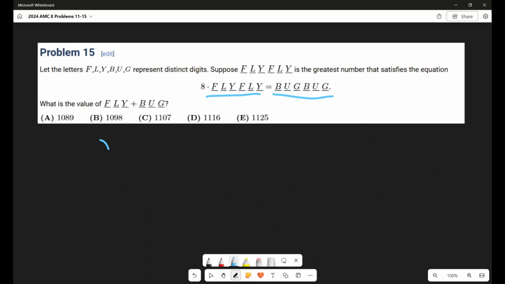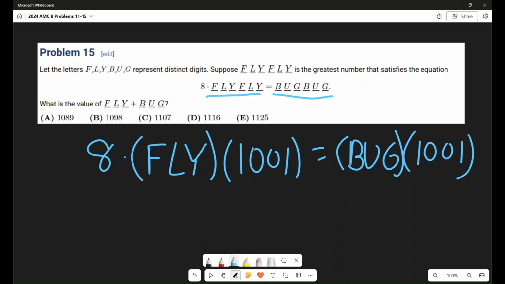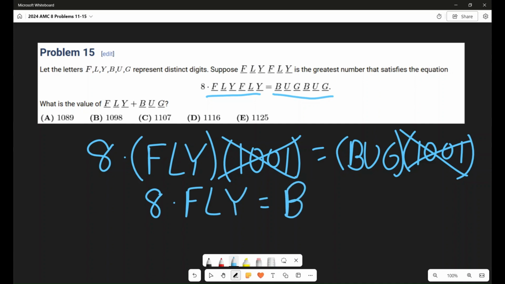On the left side, we have 8 times FLY FLY, which we now know is FLY times 1001. And on the right, we have BUG BUG, which we know is BUG times 1001. Now we can cancel 1001 from both sides. And we now have 8 times FLY is equal to BUG.